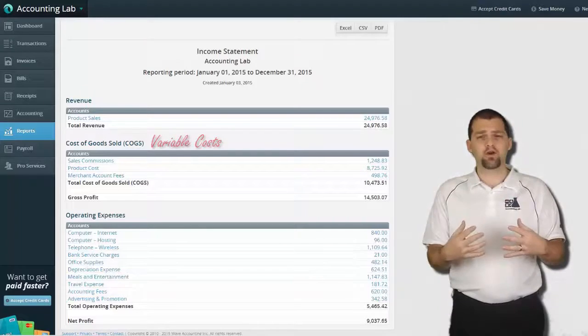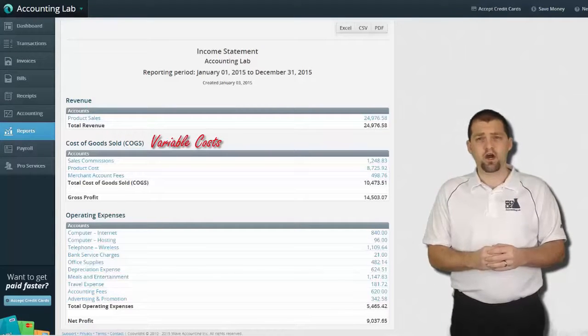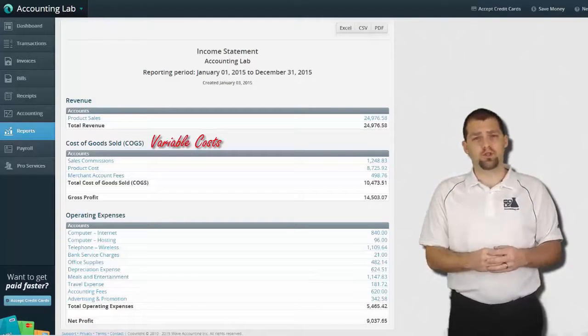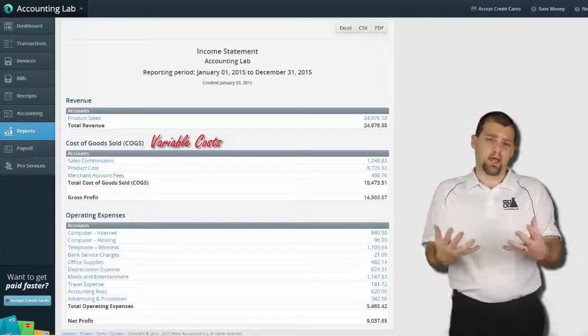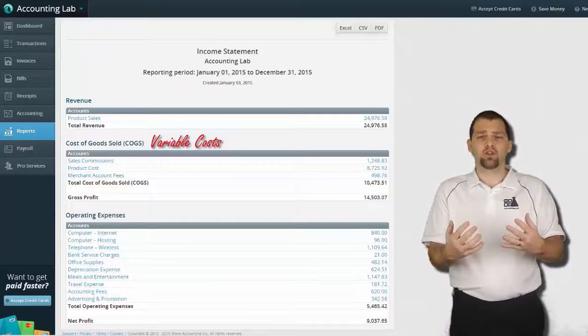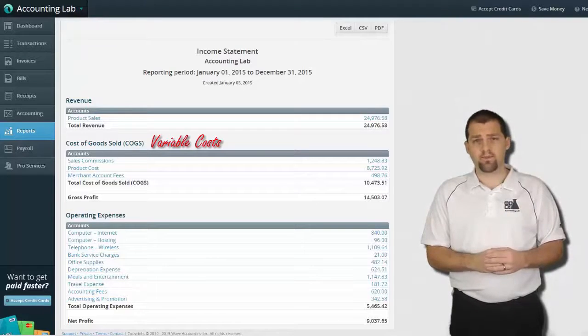Sometimes these are called variable costs because typically these costs will vary depending on how many products or services are sold. The more products and services that are sold, the higher these expenses are going to be. The fewer items that you sell, the lower these costs are going to be. So sometimes we call these variable costs.